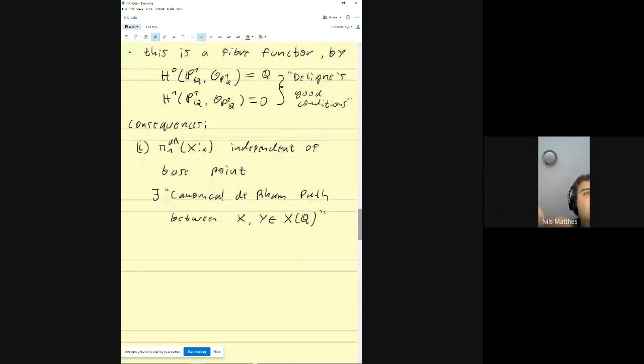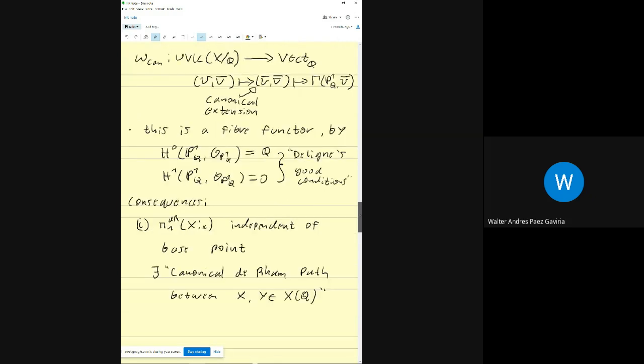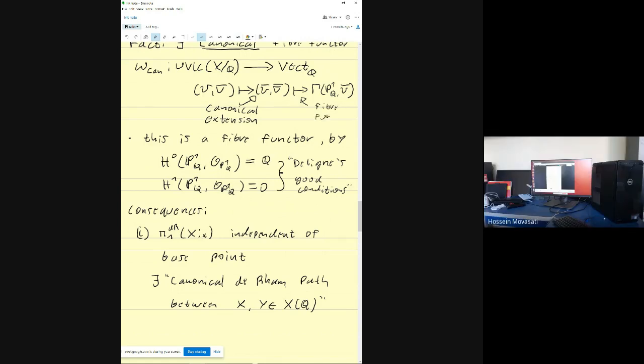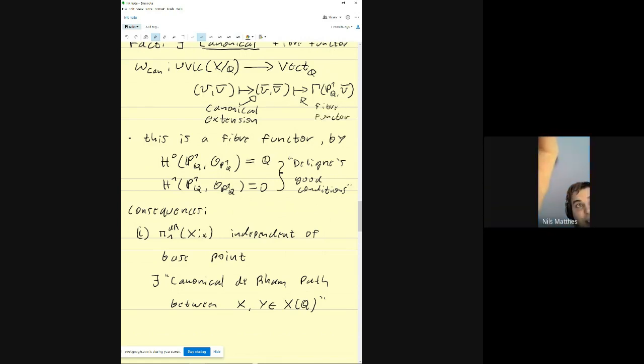Any more questions? These good conditions, do they imply the existence of this canonical fiber functor or something like that? They imply that this here is a fiber functor. Because a fiber functor, in a technical sense, is a functor which is both exact and faithful.